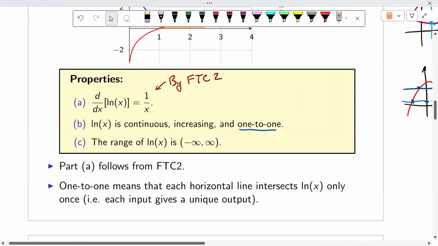Another way to think about one-to-one is each input gives a unique output. So in the United States, for instance, if you're a US citizen, an example of a one-to-one function is your social security number. Hopefully there's only one person with your social security number, and that's you.